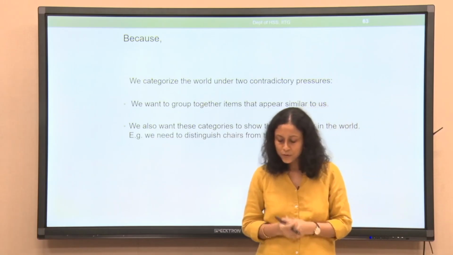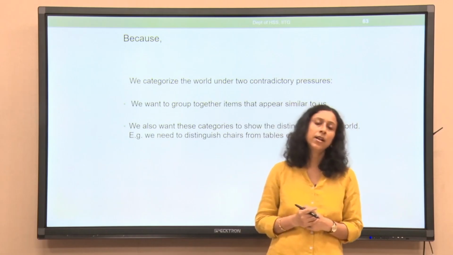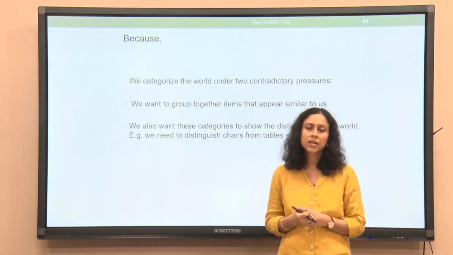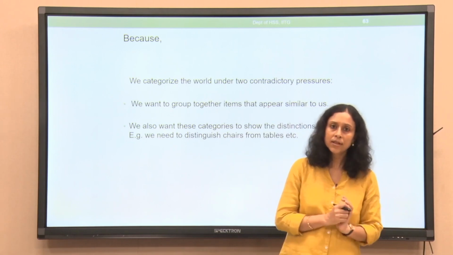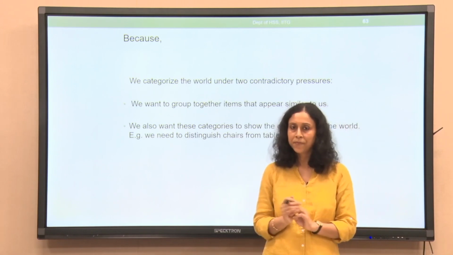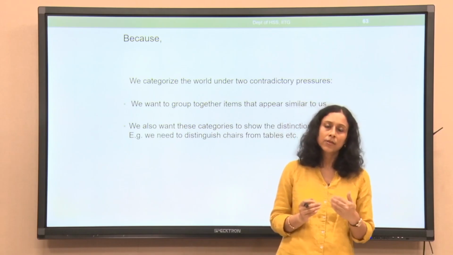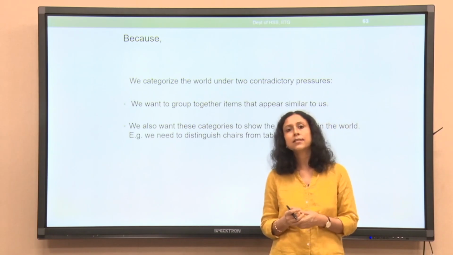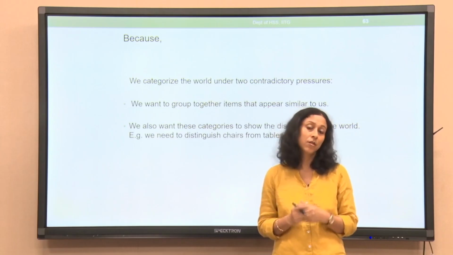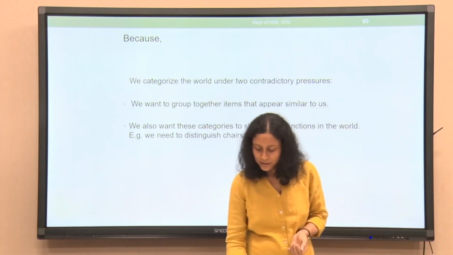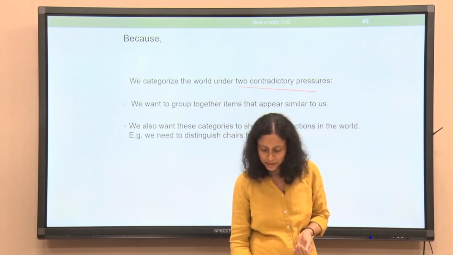So, what we do when we categorize is that we are working under two contradictory pressures of putting similar things together and putting separate things separate. These are the two basic understandings about categorizing. We categorize to put similar things together, but also to keep different things separate. So, these are the two contradictory forces that we are talking about here.